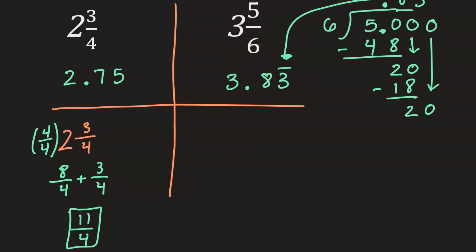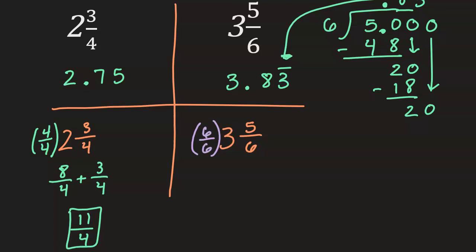Let's try the same thing for 3 and 5/6. We need to force that 3 to have the same denominator as 5/6. So I'm going to multiply by a number over itself that would give us a denominator of 6.